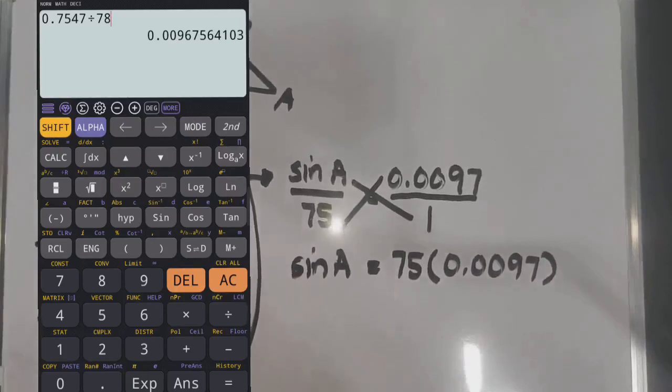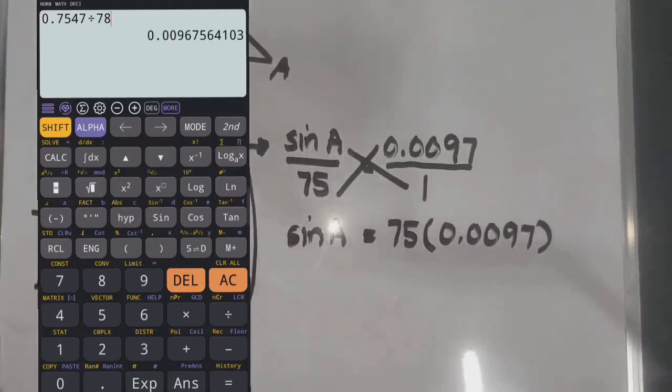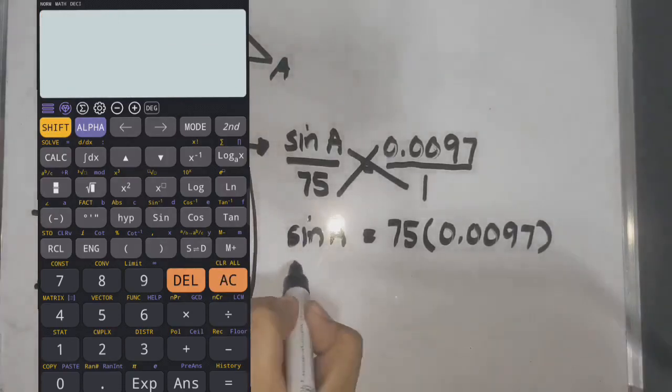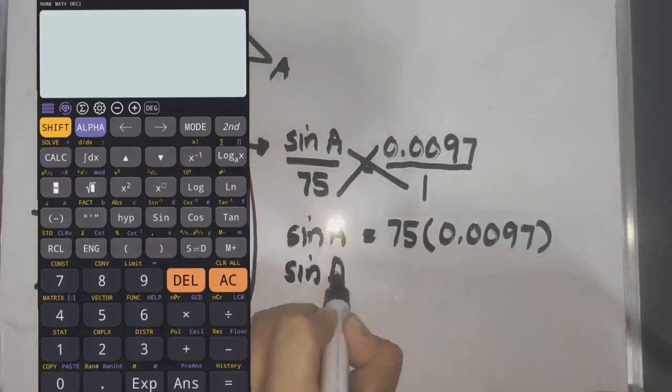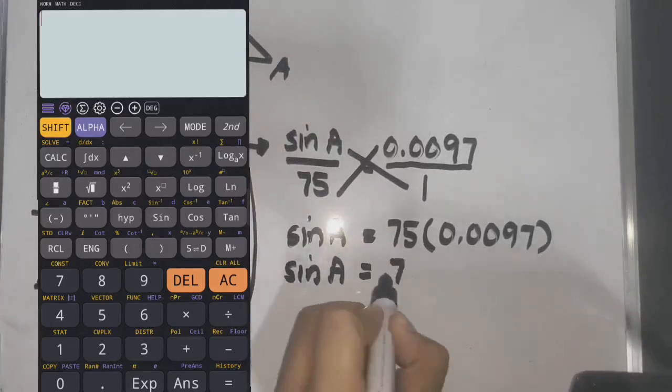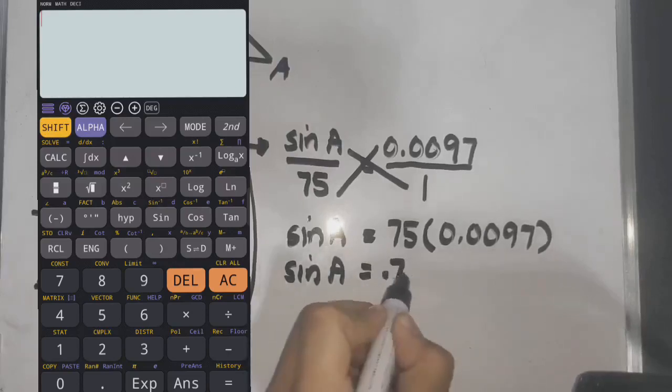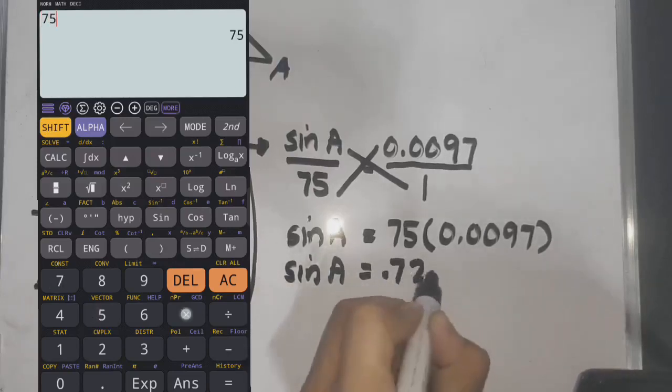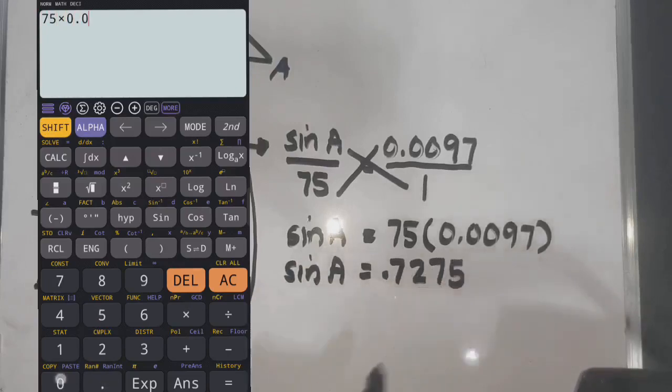So wala na tayong denominator. So i-multiply lang natin 75 times 0.0097 equals, so the answer is sine of A, kopyahin lang natin yung nasa left side, 0.7275.